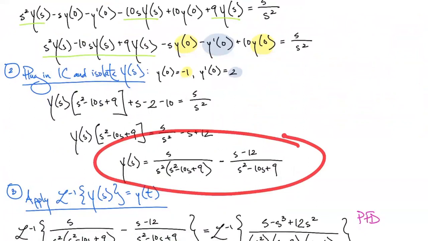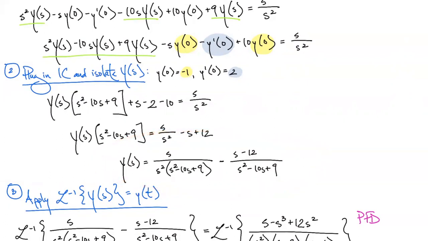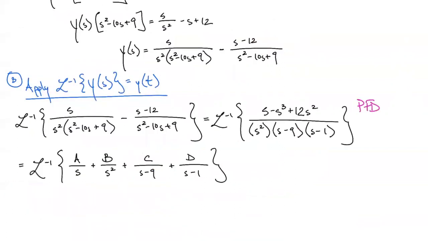So at this stage, at the end of step 2, we've technically solved the problem. But the issue we run into here is that everything has s's and our initial question was asked with t's, so we have to go back into the t world, okay? And that's what this last step is really about. We're applying that inverse Laplace transform.